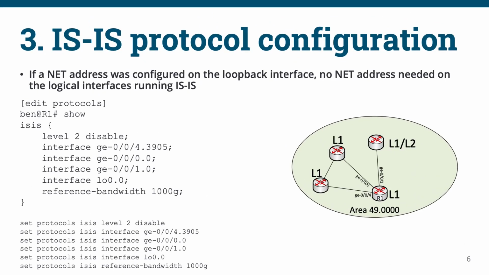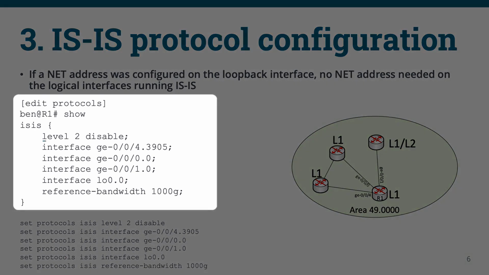ISIS is configured under the protocol's ISIS configuration hierarchy. The default behavior is for Junos devices to originate both Level 1 and Level 2 Hello PDUs. Though here, we have disabled Level 2 on this router. Therefore, it will only originate Level 1 PDUs.